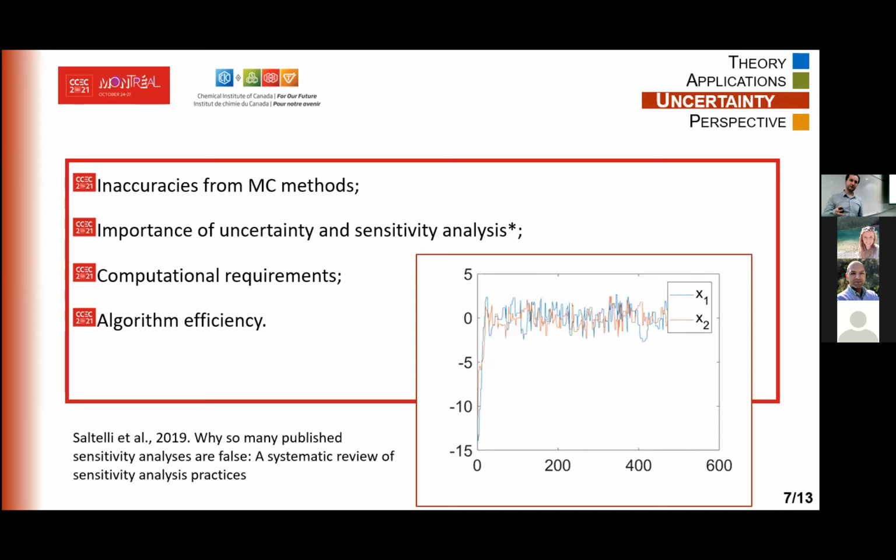And here about algorithm efficiency, I wanted to show also what happened in the case of the previous problem we saw, the bivariate simulation. And you can see how in a very small sample size, below 100 for sure, we go from a mean of minus 10, minus 15 to the actual mean of around 0.